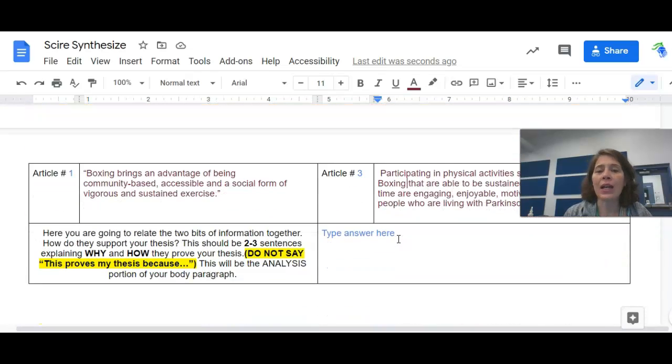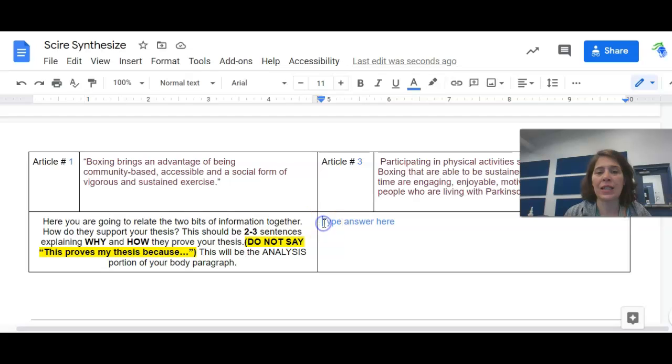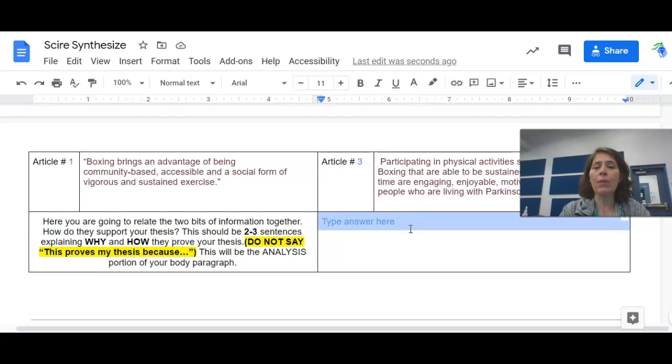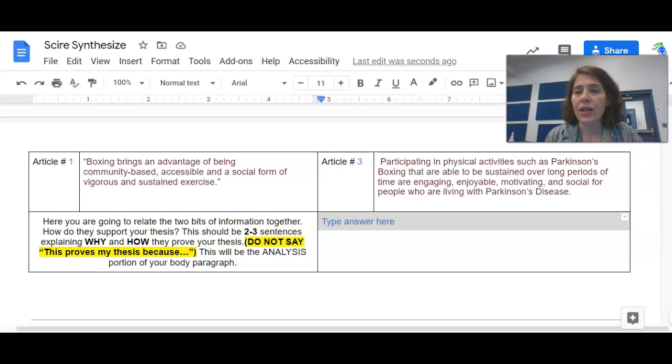So how can I combine these two ideas together to support that idea? So I'm going to look at both of these. I know that I'm going to have both of these things in my paragraph. What's my analysis? So after I've introduced both of those, how am I going to put that together to prove that these two things are relevant and important? Okay, so let's do that now.